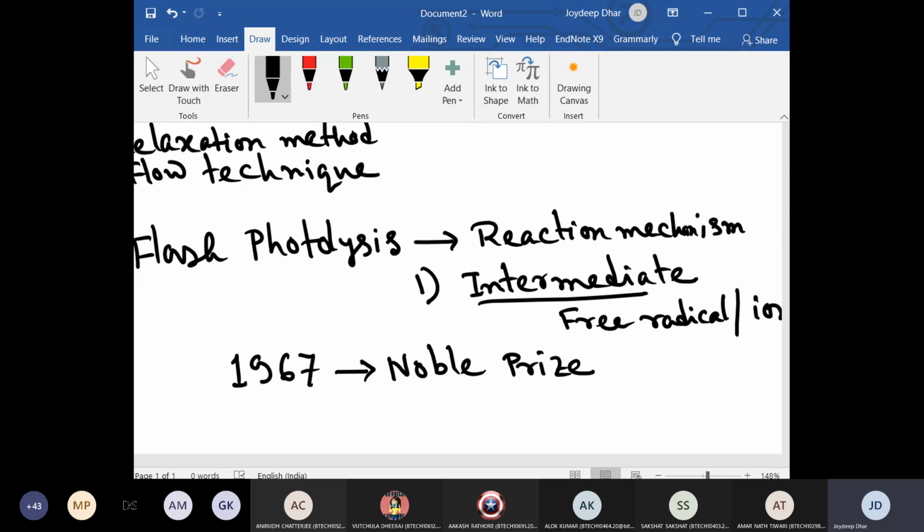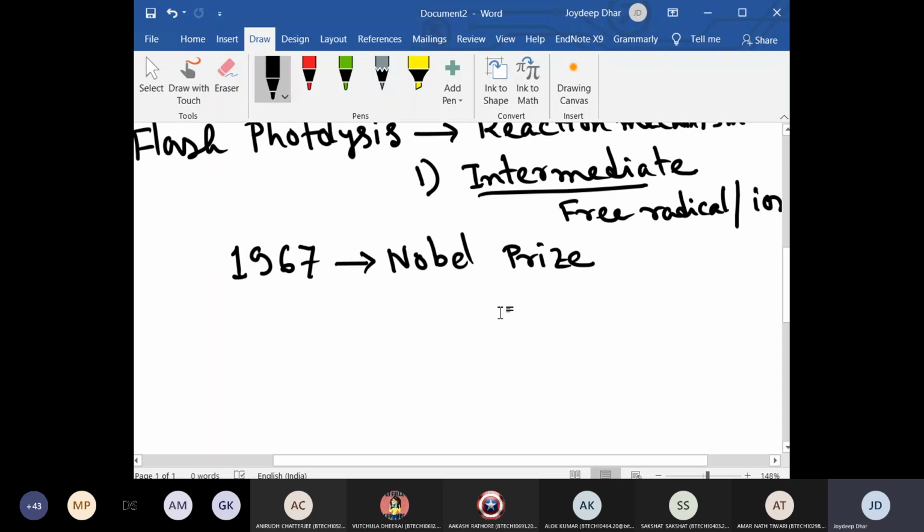Several techniques are there, out of which you can study flash photolysis. Now, what will we do in flash photolysis?